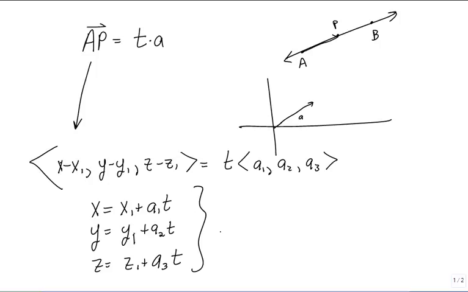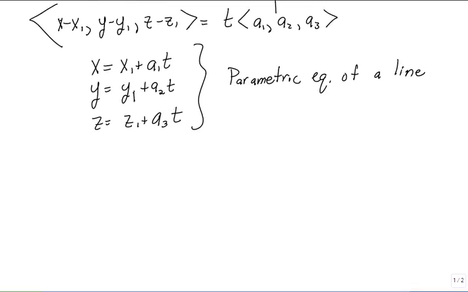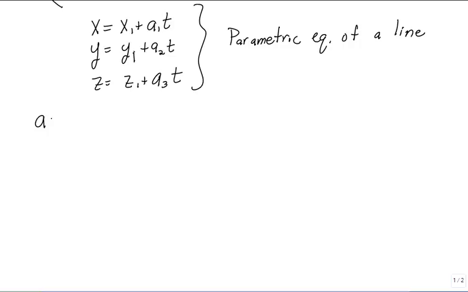And these are called the parametric equations of a line. They all represent one line. And the vector a is the direction vector. It tells us what direction this vector is going.